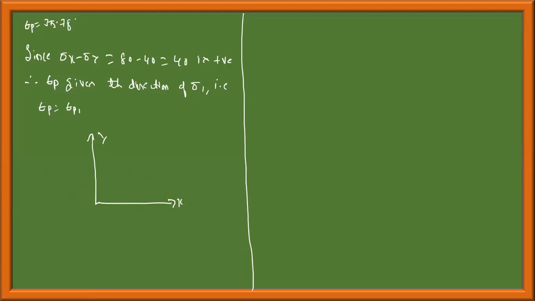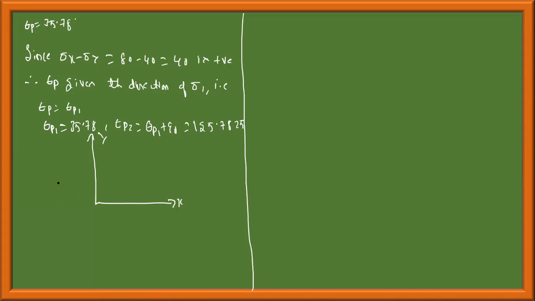Therefore theta p1 is equal to 35.78, and theta p2 is equal to theta p1 plus 90. How much would this be? 125.7825.